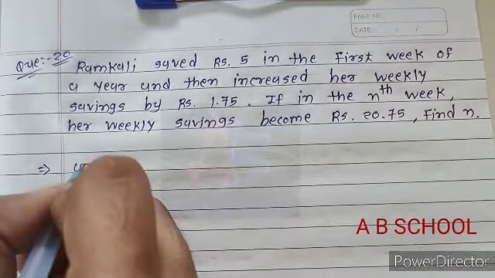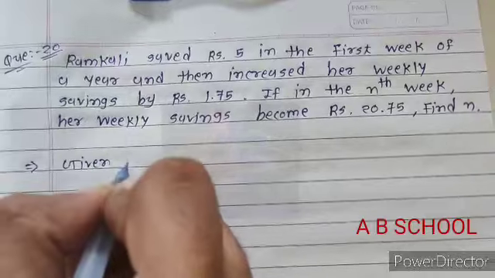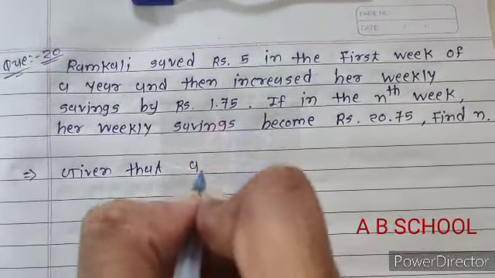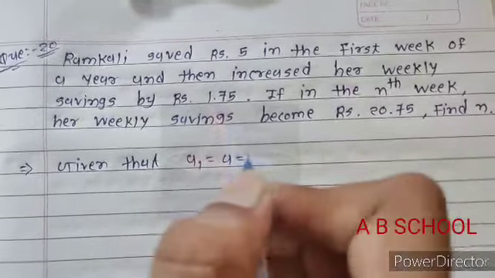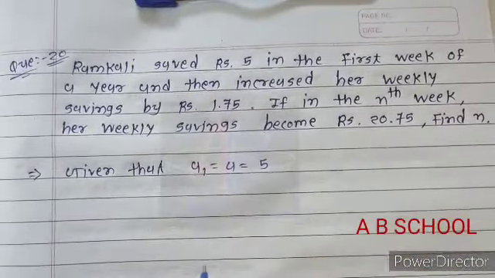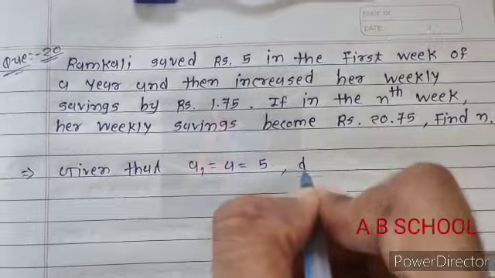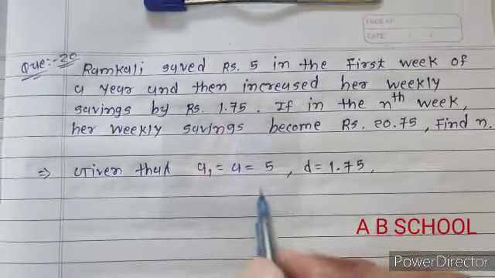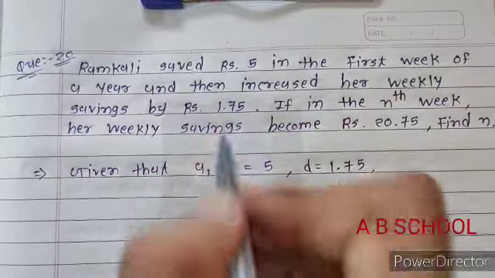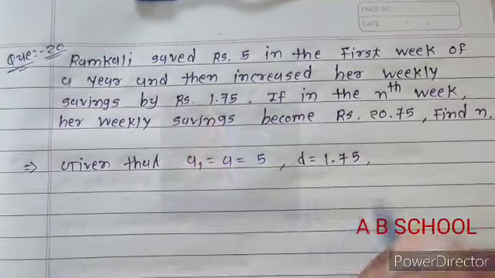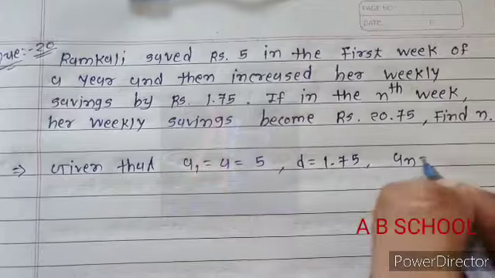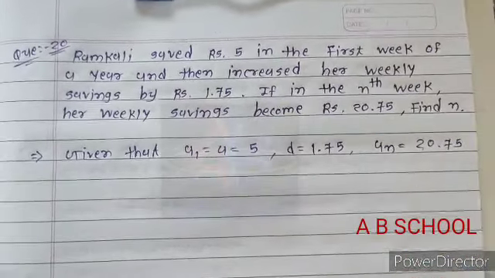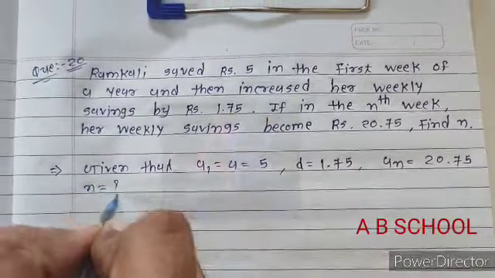Okay, given that A1 is equal to A is equal to 5, common difference D is equal to 1.75. How much is it increasing every week? 1.75. And the value of AN is equal to 20.75. Find the value of n.